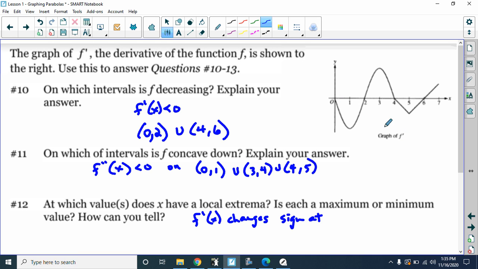So I want this graph to change sign. So the graph is negative until right here, and then the graph is positive. So the derivative changed from negative, so my function was going down until 2, and now my function's going up. That is a minimum.